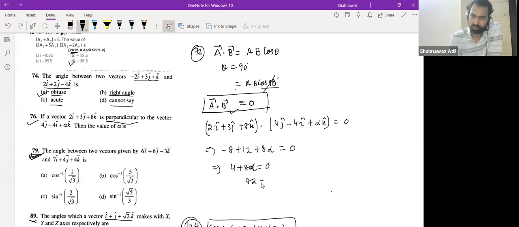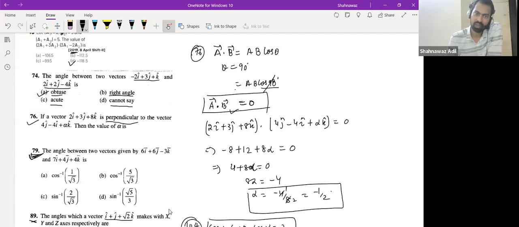So 8 alpha is minus 4, alpha is minus 4 by 8, so minus 1 by 2. This is the answer. Okay, so yeah, there's no option. Any doubt in this question, guys?